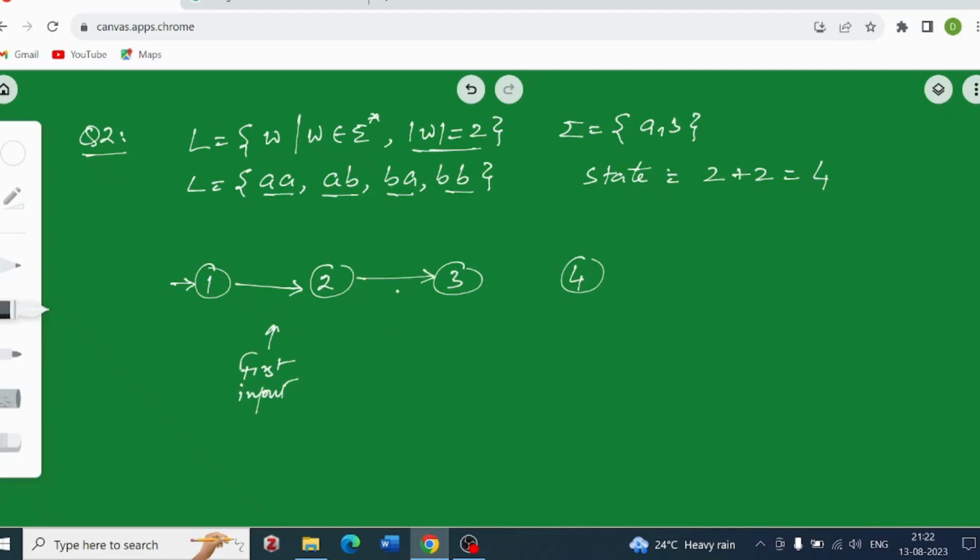The second arrow, from state number 2 to state number 3, will represent the second input. Similarly, from state number 3 to state number 4, the label of this arrow will represent the third input.